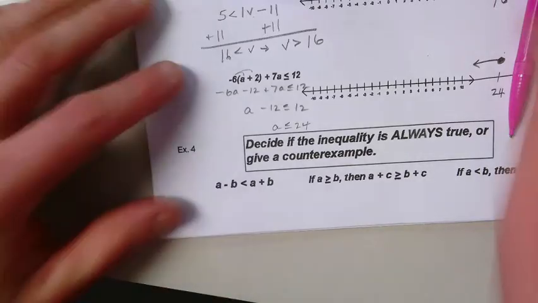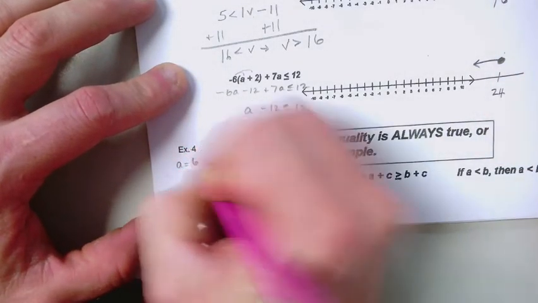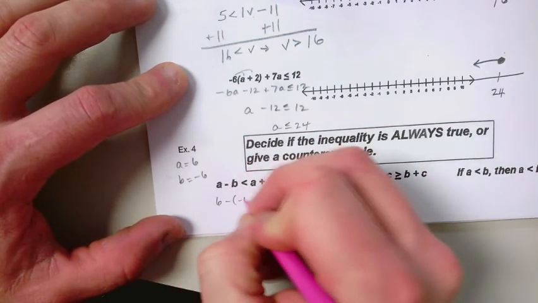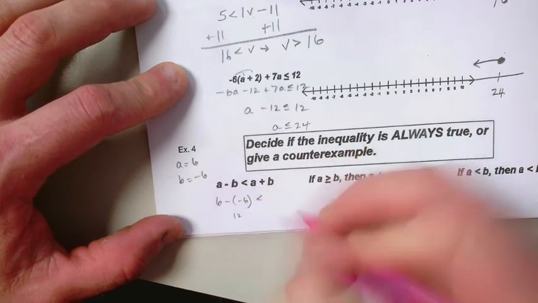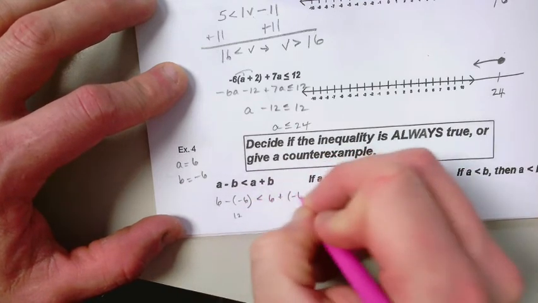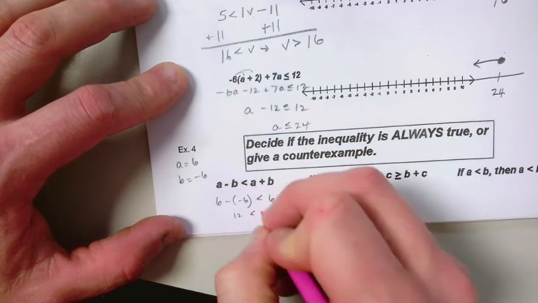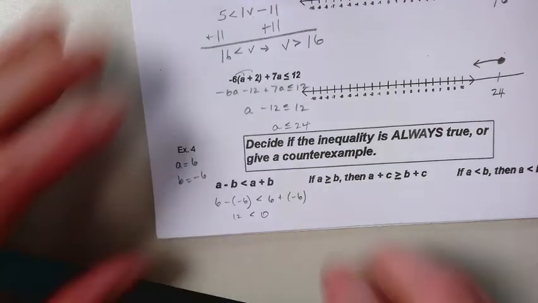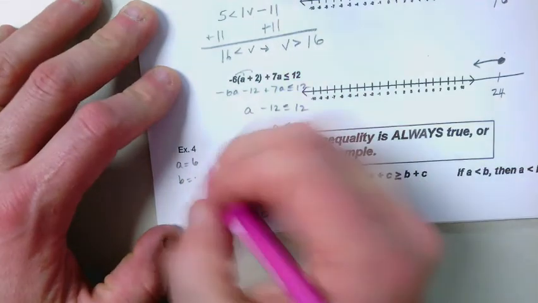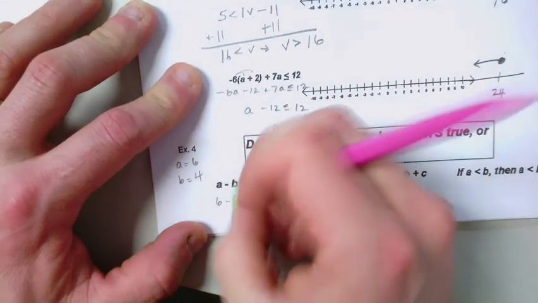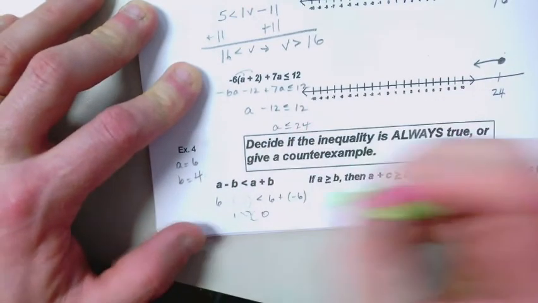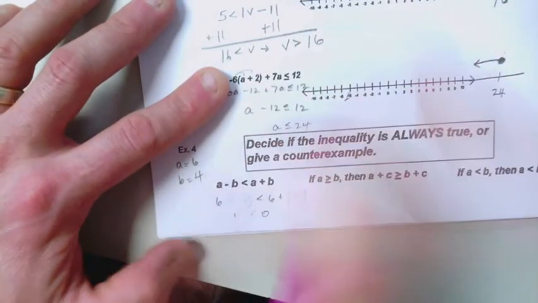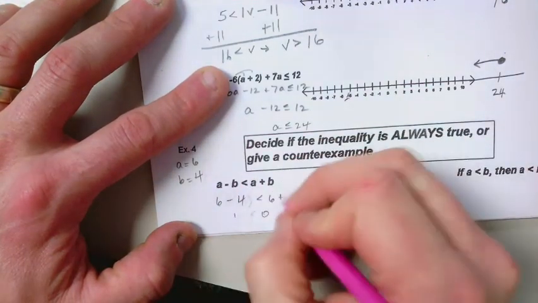So if I were to do something like this, let's say that A equals 6 and B equals negative 6. If we plug this in, that's 12, and that's 0. And that is not a true statement, okay? Now, if I were to make both of these positive, let's say 6 and 4, so I would have 6 minus 4 and 6 plus 4.